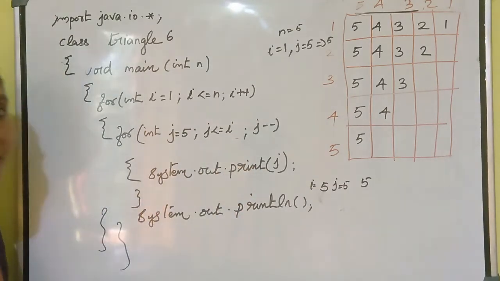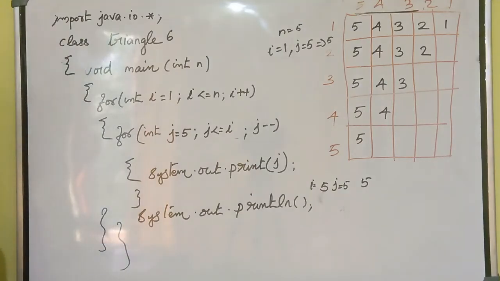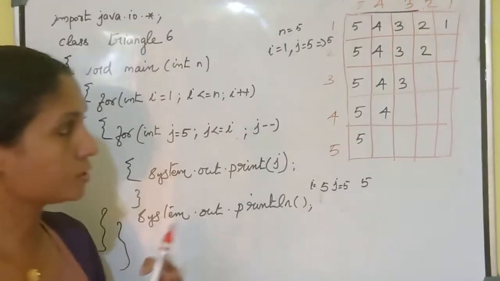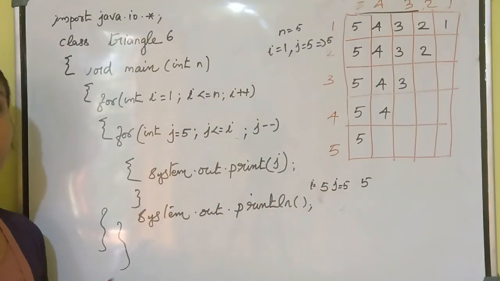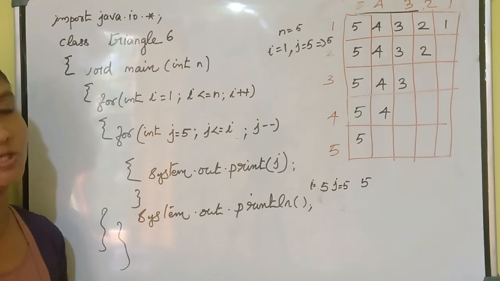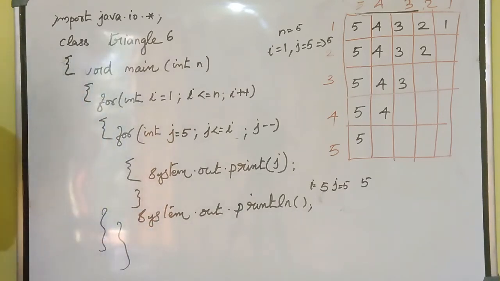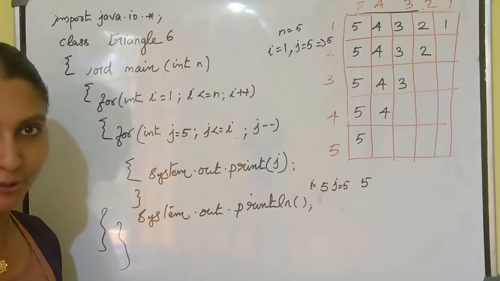Like this way it will work. I think you all got the logic of this program. This is very simple. If you get the logic, even if they use different numbers, you can write the program using this logic. If you understand the logic, you can easily print the values. Here also i represents the row number, j represents the column number, and n represents the limit of the rows.